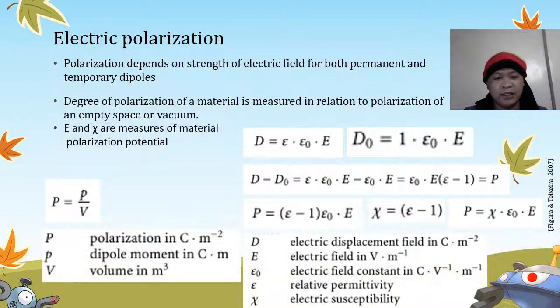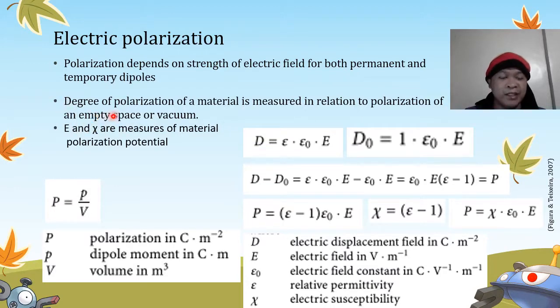Okay, ayun naman ang katakot-takot na equation. So again, this is just to show us what factors affect electric polarization. And of course, that would depend on the strength of the electric field, all right, E, as well as it being a comparison of relation of polarization to an empty space or vacuum.